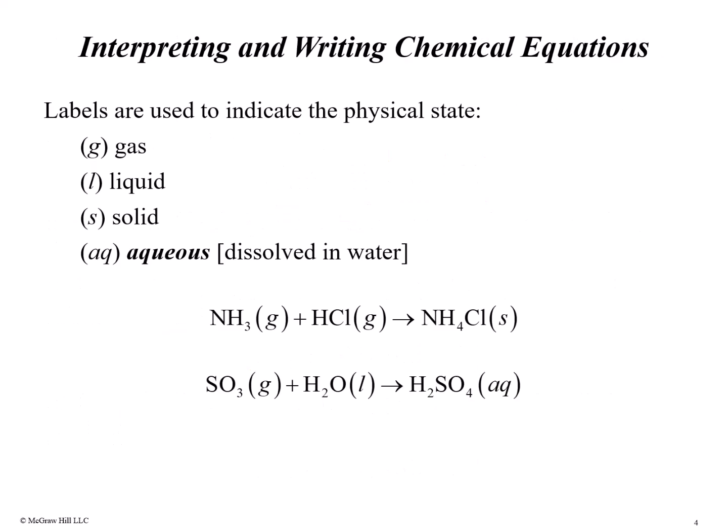The other thing, you need to be able to label what phase of matter the substance is in. And we have 4 choices here: solid, liquid, gas, and aqueous. So you say, well, how am I supposed to know what these are?